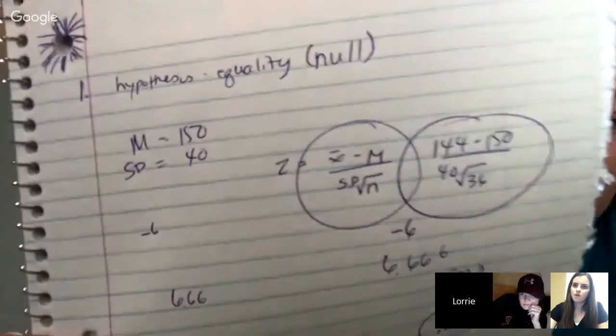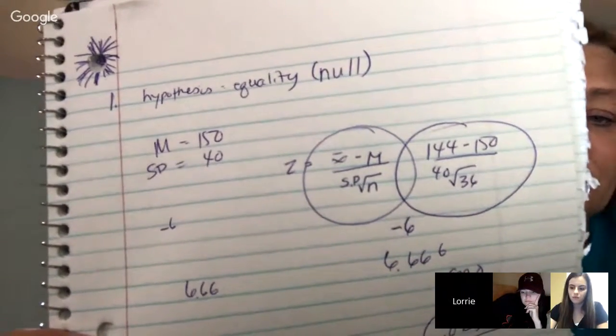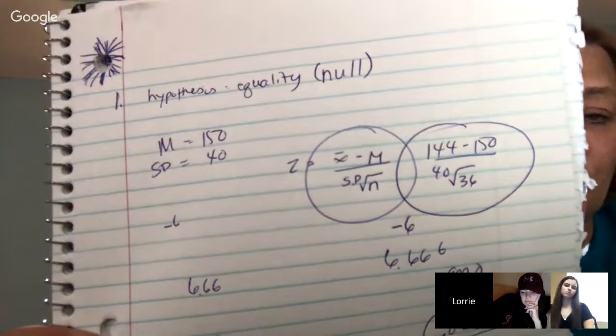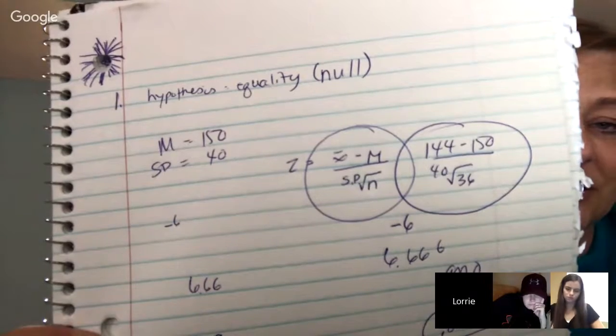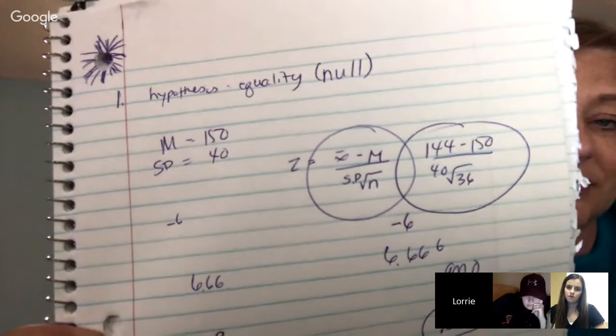Okay, you guys ready? Because I think I have it. On the top, you see where it says 144 minus 150? That's a negative 6, so you leave that alone. Then on your calculators, 40 divided by the square root of 36, and that answer is 6.666.